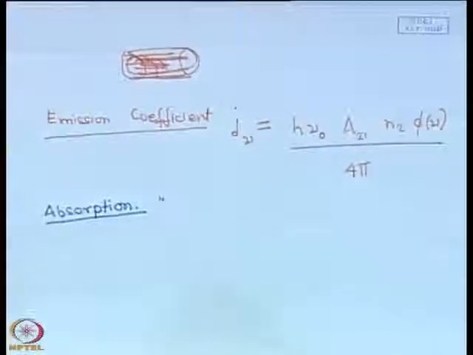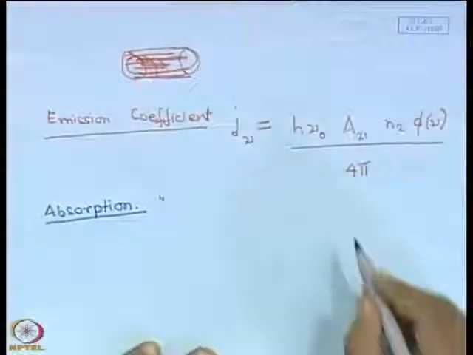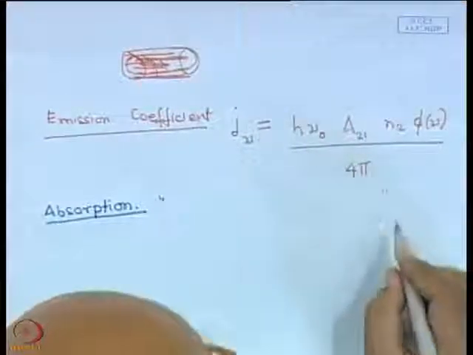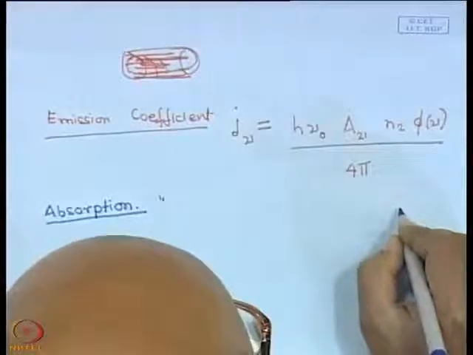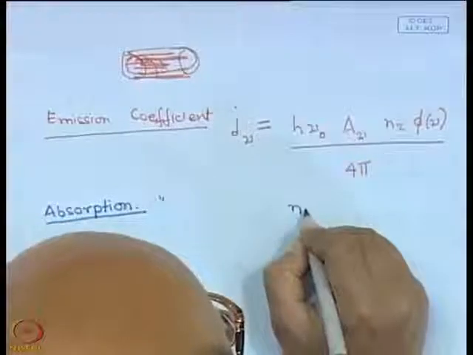So, here again the number density of particles in the ground state is N1.